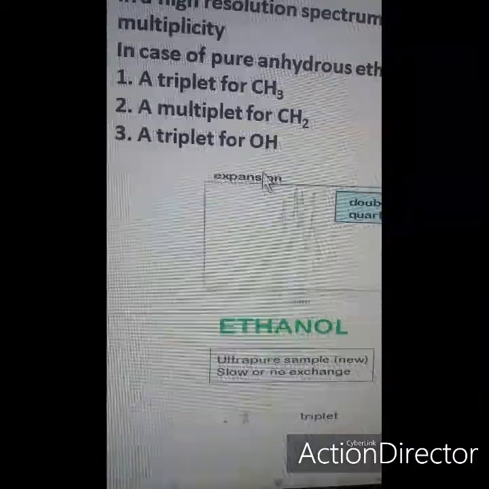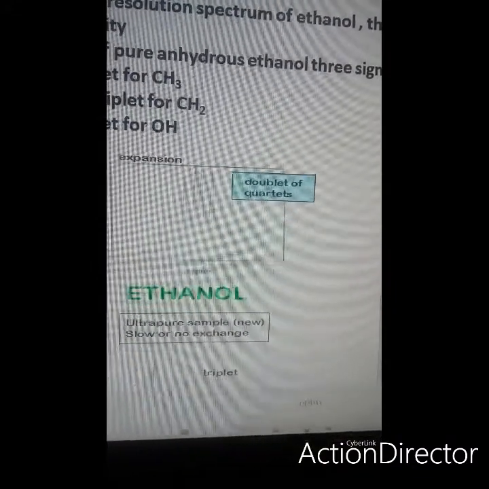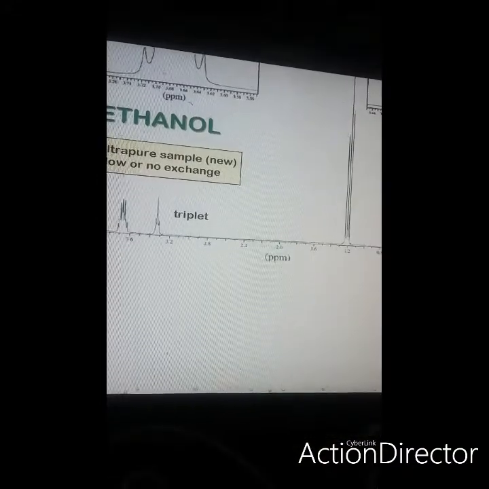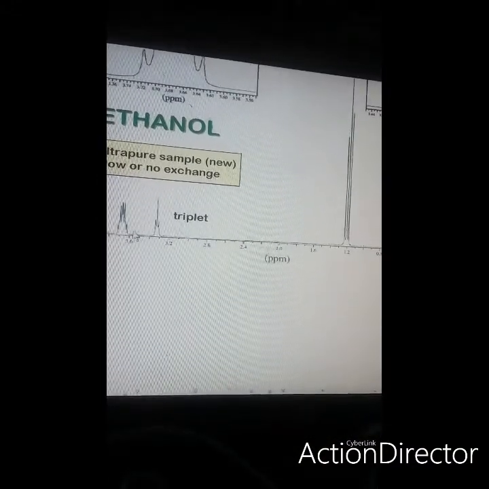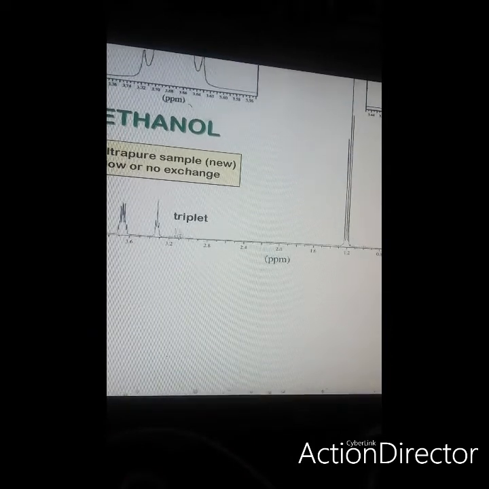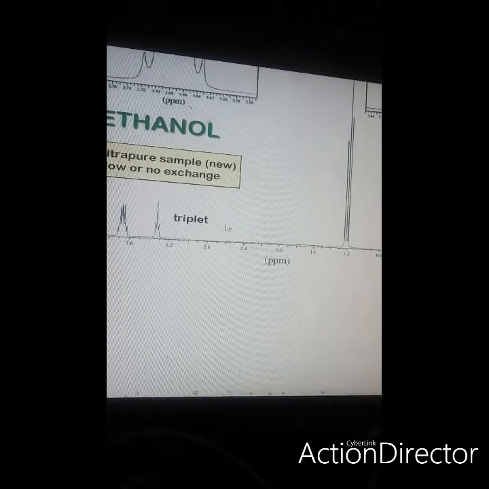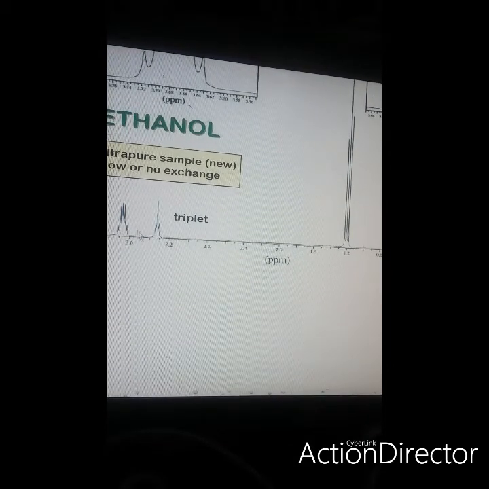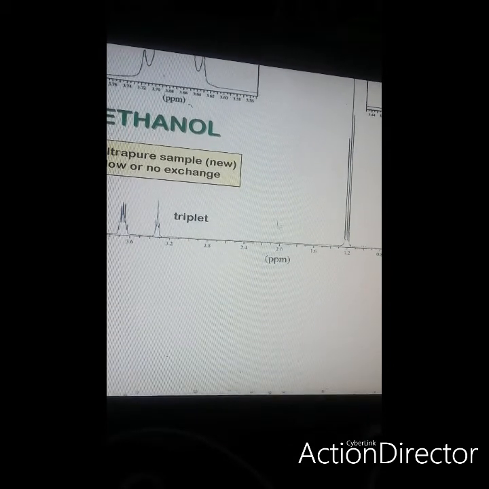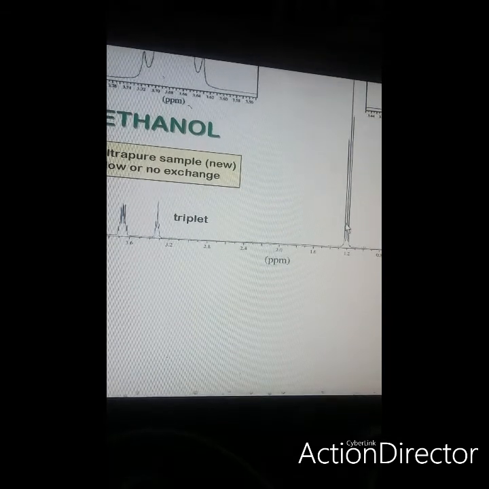So if you see the graph of ethanol, it will show a multiplet, a triplet and a triplet. This is the multiplet of CH2, this is the triplet of OH, and this is the triplet of CH3.